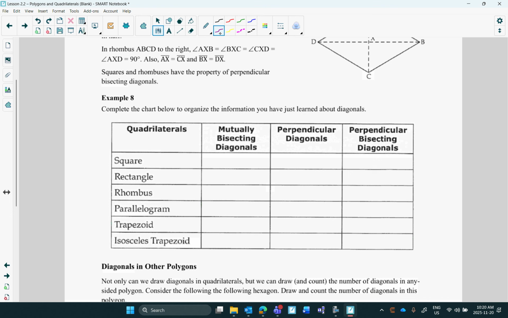Yes. Check. Do they meet at 90-degree angles? Yes. Which means it has to be both. A rectangle, do they split each other into equal parts? Yes. Do they split each other at 90-degree angles? No. Which means that it can't be both.